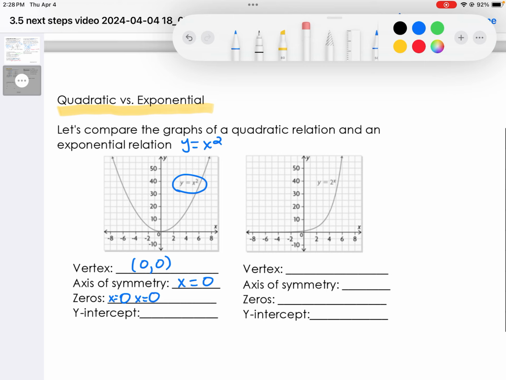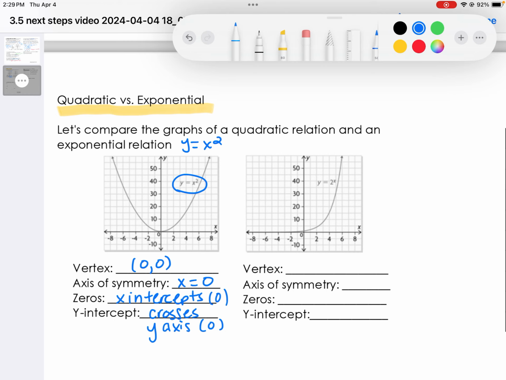You know what? I'm going to write the x-intercepts. Okay?